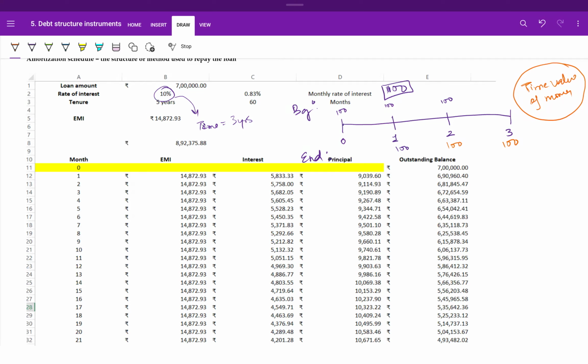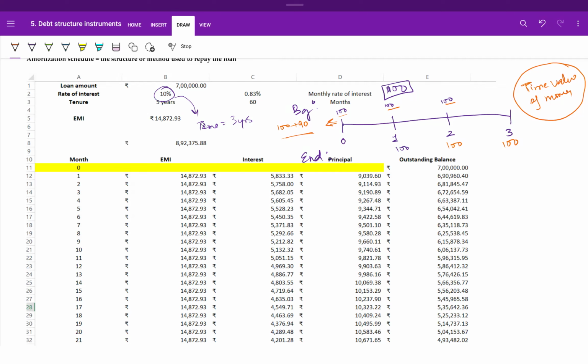Now let's evaluate. These are three installments. Let's assume that these are three EMIs. If I am discounting them back to the present value, this 100 is going to be 100, but this 100 at the rate of 10% is going to be 90. And this 100 at the rate of 10% for 2 years, I'm just assuming hypothetical numbers.